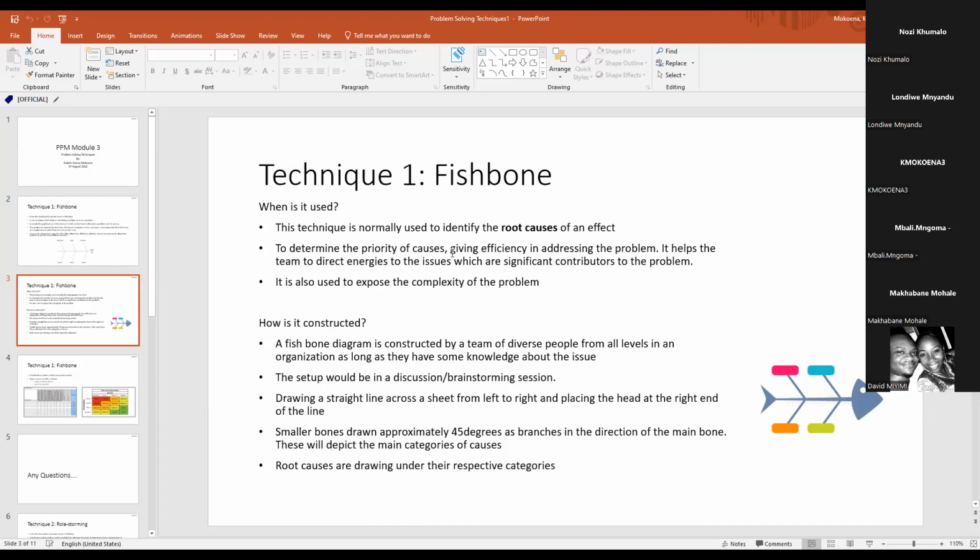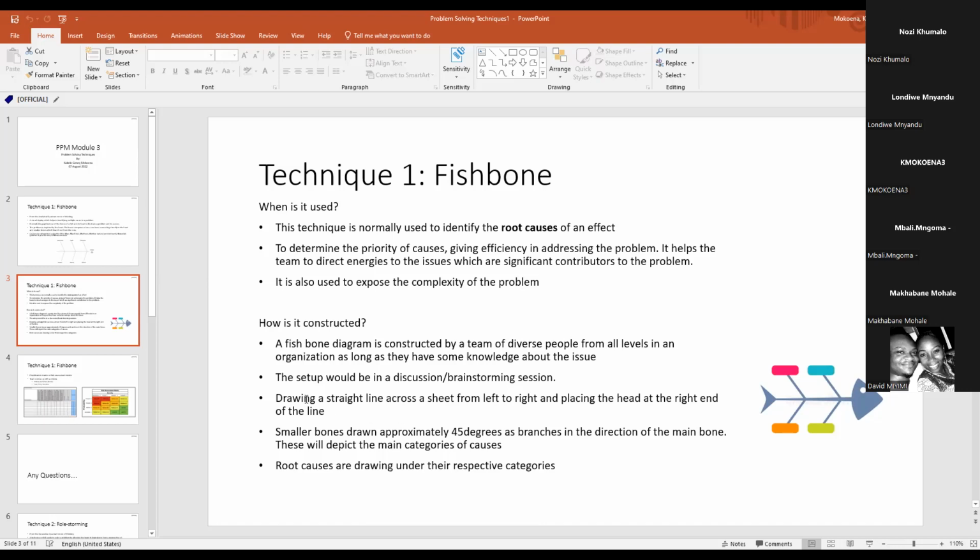So basically then that will give efficiency in addressing the problem. It helps the team to direct energies to the issues which are significant contributors to the problem. And it is also used to expose the complexity of the problem.